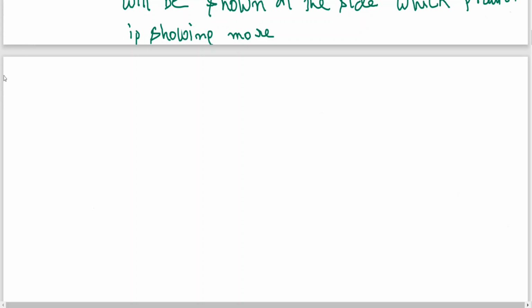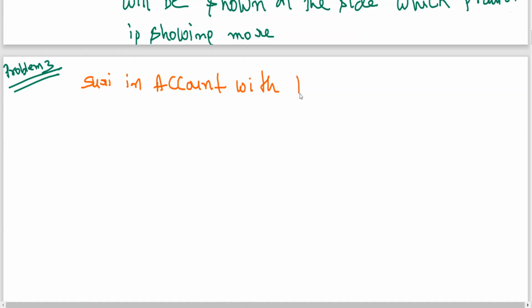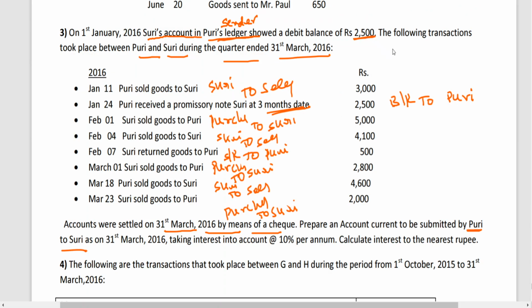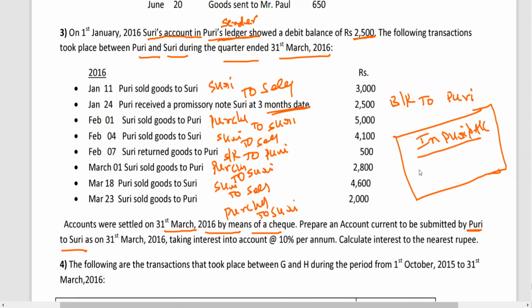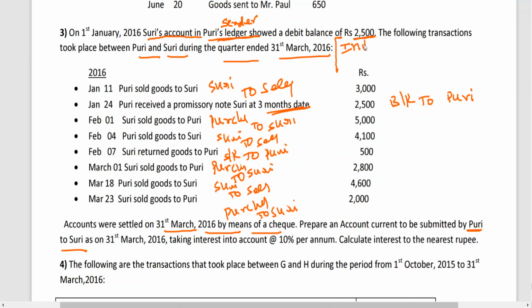Problem number 3. The heading will be written: Suri in account with, in simple words, in the books of Puri.